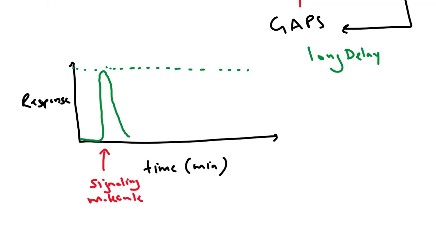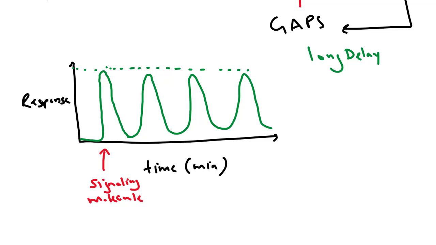So now, what you'll have is, again, an increase in the response, but as the response goes up, the negative feedback increases. And you have something like this. And this is important to biology, because some responses have to be in this shape, oscillating between maximum and going back down, and then going back up, and then going back down, okay?